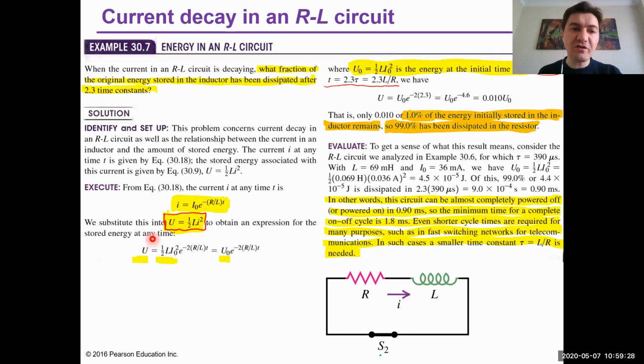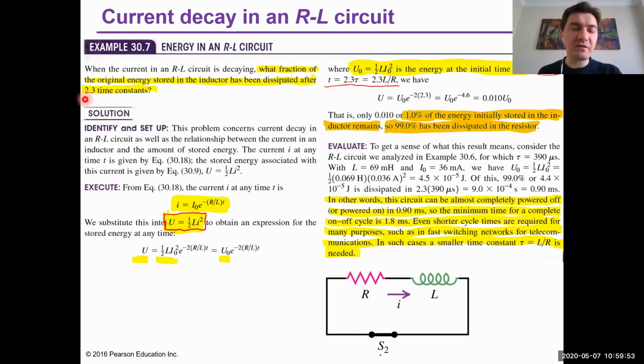This is the original energy, energy stored in the inductor at the beginning. So just put this name here, U0, the original energy. And here we have that term. So what do you see here? Time.